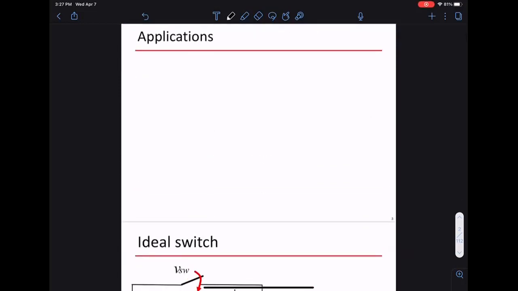As for applications, you don't have to think hard about them. Basically, everything nowadays requires some power electronics. You have electronic devices for computers, phones, TV, things like that.